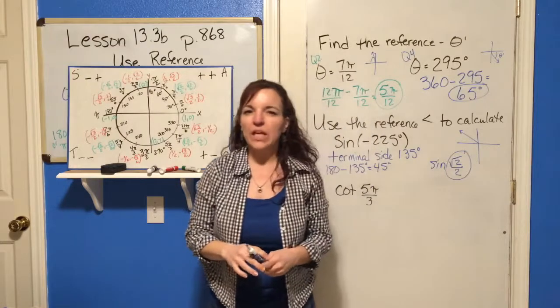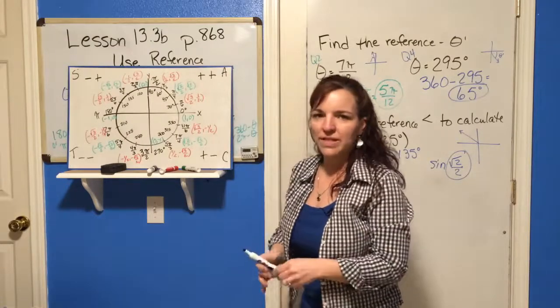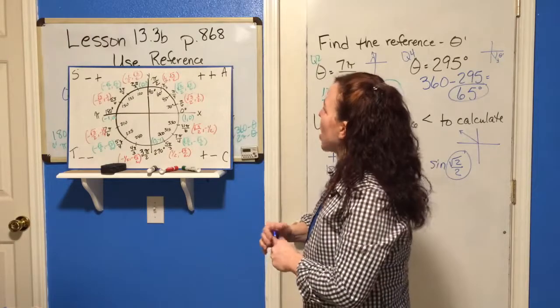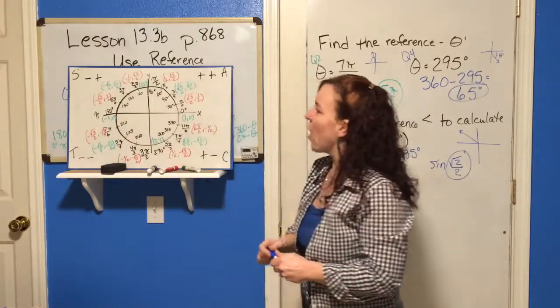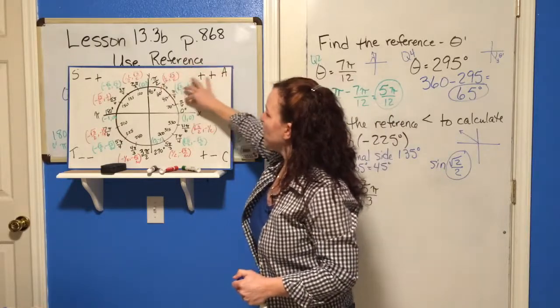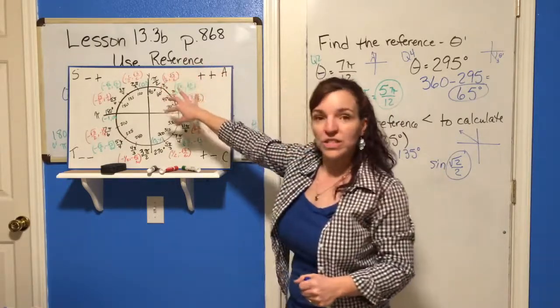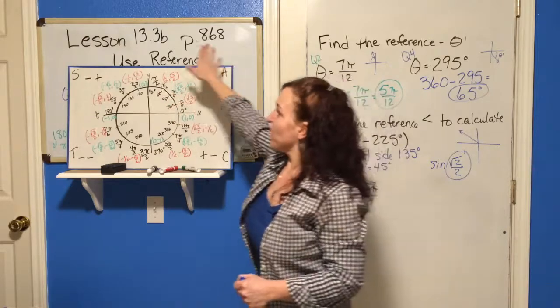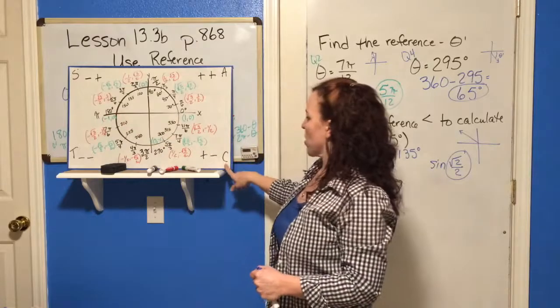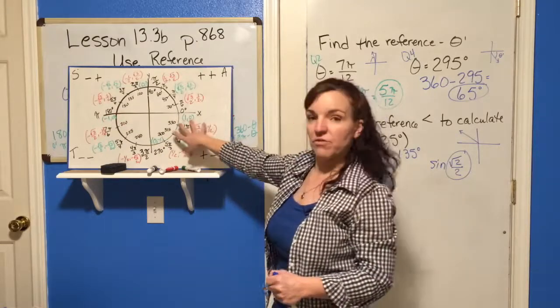All right? I can't remember, because I've had to redo some of the videos and I'm all confused, if I've talked about this ASTC already. A says that all trig functions in this first quadrant are positive. The sine is positive in quadrant 2, tangent is positive in quadrant 3, cosine is positive in quadrant 4.